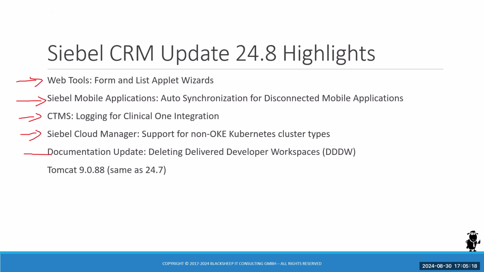There is another update on the feature adopt DDDW. So, sorry for that. Deleting delivered developer workspaces. And the Tomcat delivered with 24.8 is the same version as in 24.7. So that is 9.088.